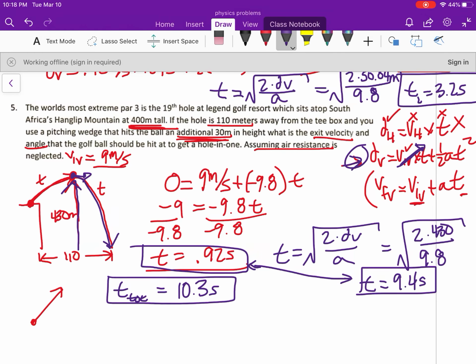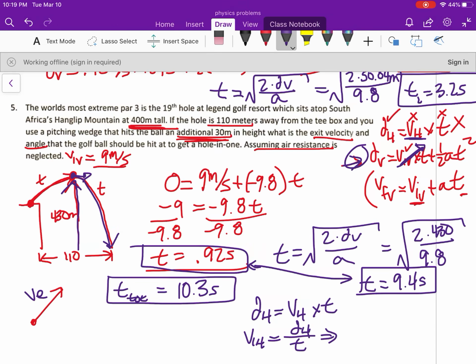Now that I have the total time and I know the horizontal distance, I can solve for my horizontal initial velocity, and then I can solve for my exit velocity. So I take distance in the horizontal equals velocity in the horizontal times my total time. And I want to rewrite this to solve for my horizontal velocity. So my horizontal initial velocity is distance horizontal divided by time.